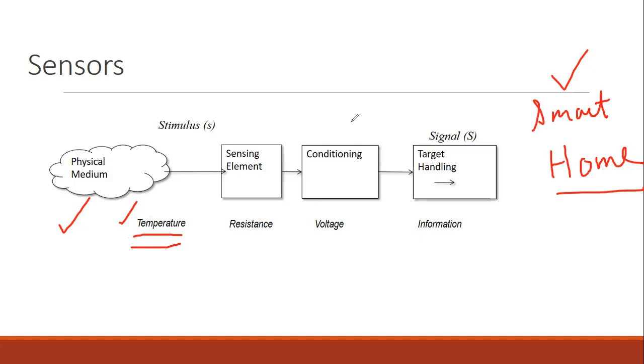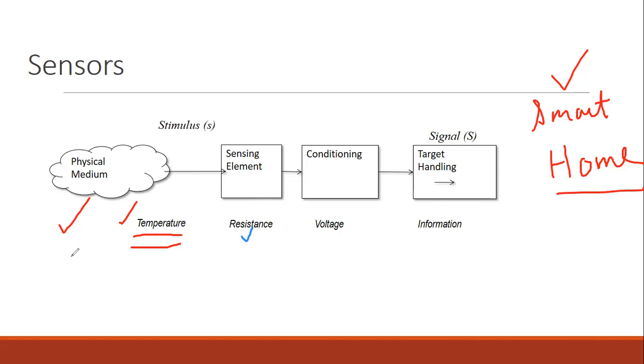The second component inside this sensor is the sensing element. Here, in case we want to measure temperature, the sensing element is a resistance. Now, the property of this sensing element will change as compared to temperature.